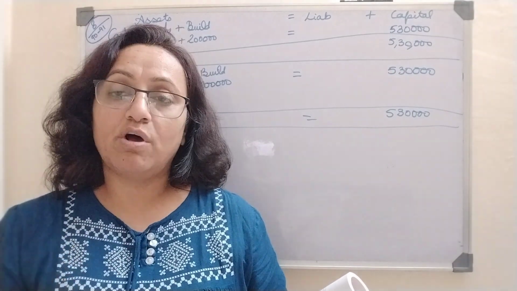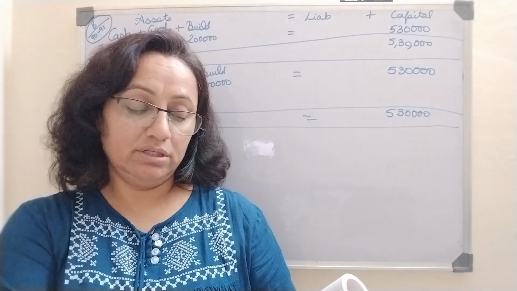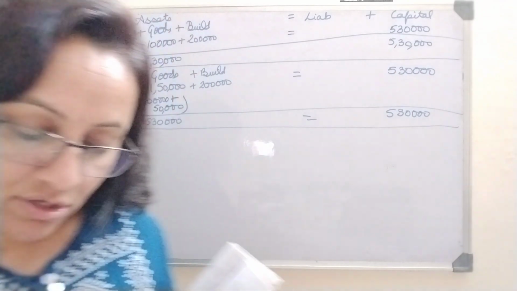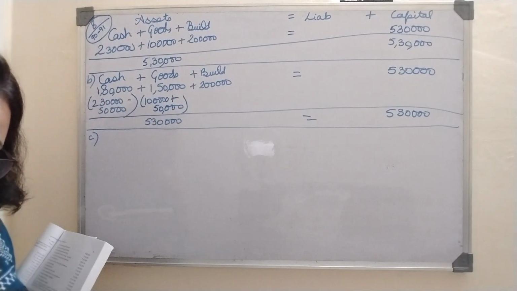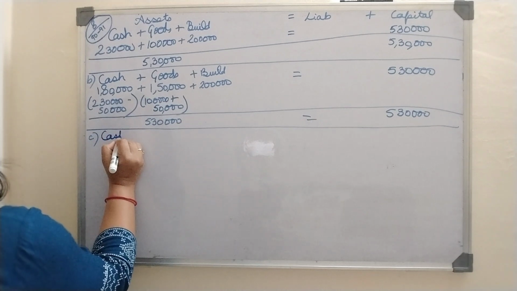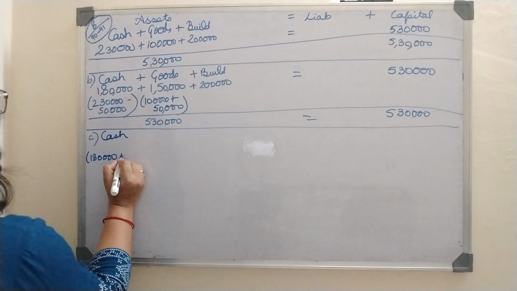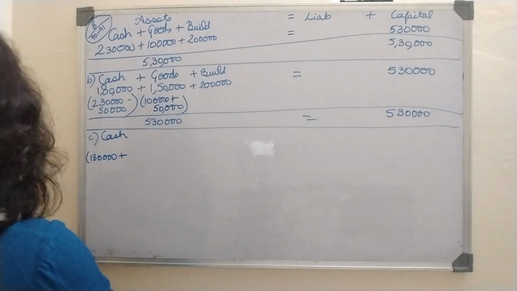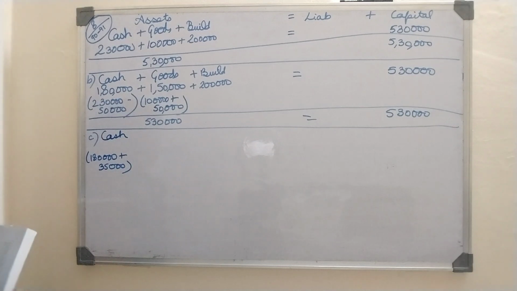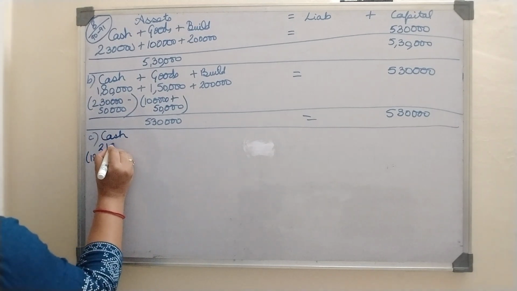15,000. So profit is always added to capital, and we will reduce the goods by 20,000 and add in cash 35,000. So this particular equation has effect on three places. Cash: 1,80,000 plus 35,000 is 2,15,000.